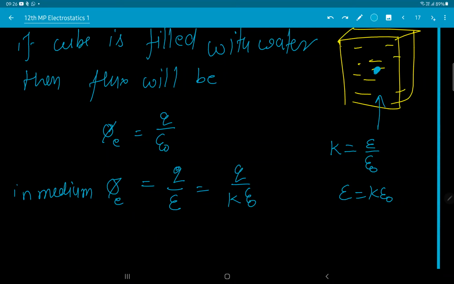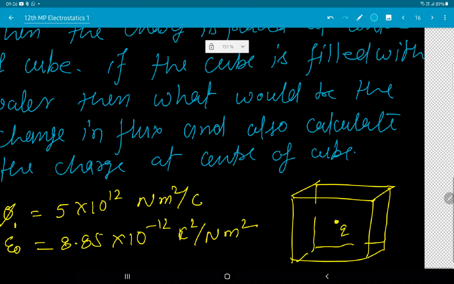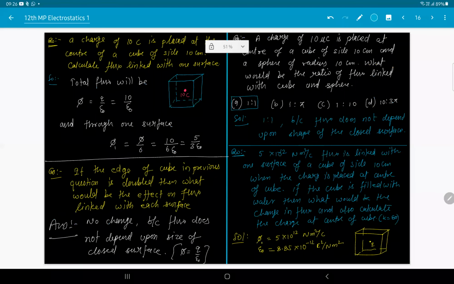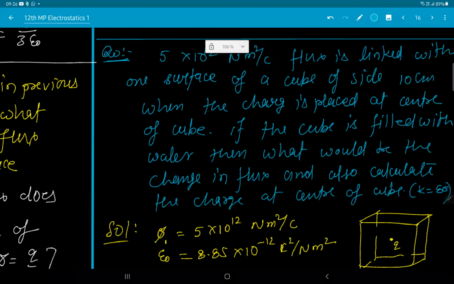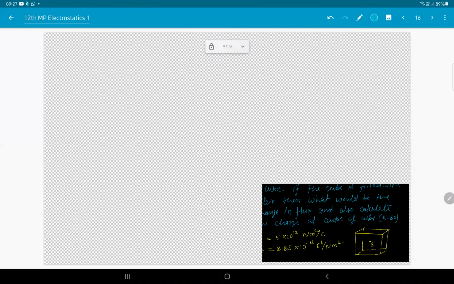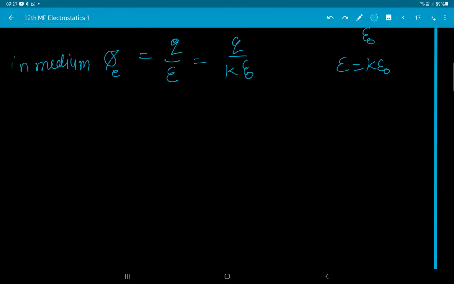Now the dielectric constant of water is 81. In some books it is 80, in some it is 81, doesn't matter. I'm giving you 80, that means you have to use 80.